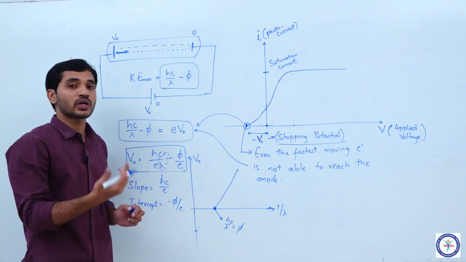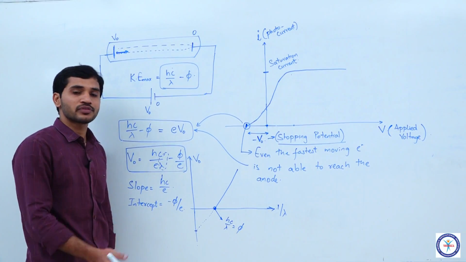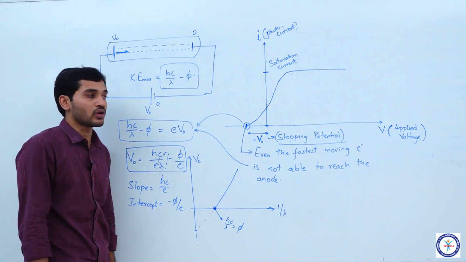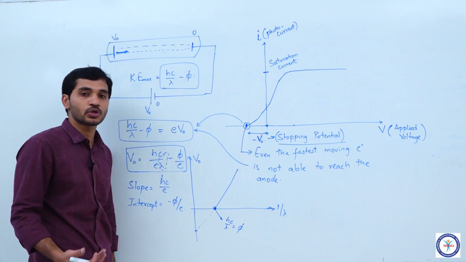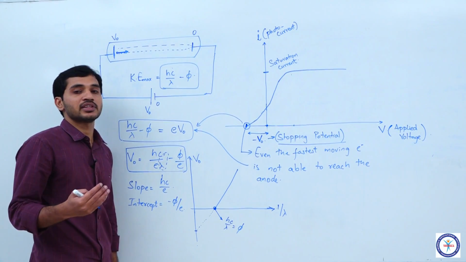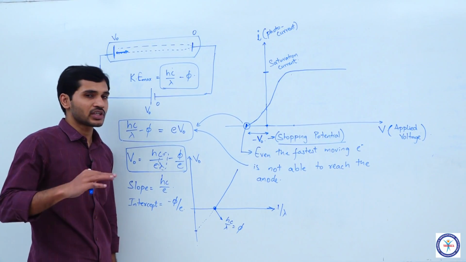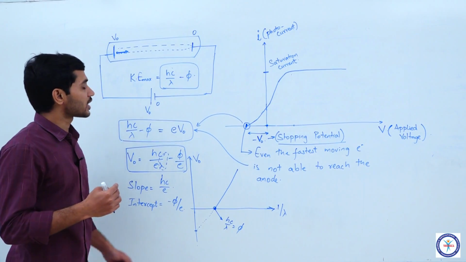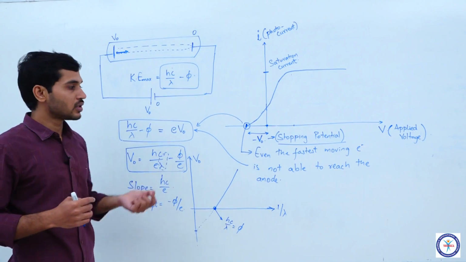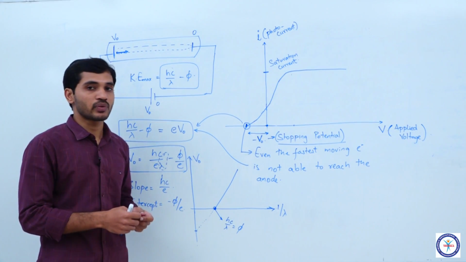That is the point where the photoelectric effect takes place, and based on that we define something called threshold wavelength. Threshold wavelength is basically the wavelength below which the photoelectric effect can take place. Now we have an idea that for the photoelectric effect to take place, hc by lambda should be greater than phi.